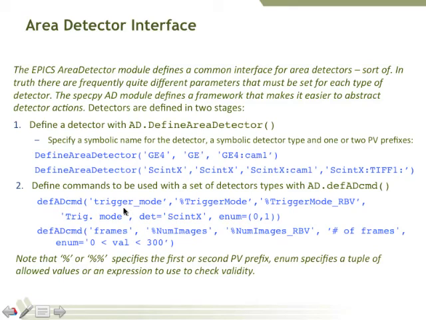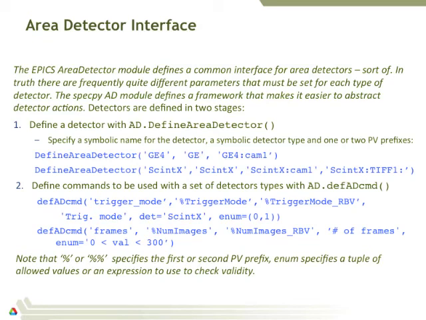So for the syntax detector, you define the trigger mode by talking to, and here I use John's notation, the % sign corresponds to the first PV, and if you have a double % sign, which I don't have in the examples, it would talk to the second PV if it's defined.